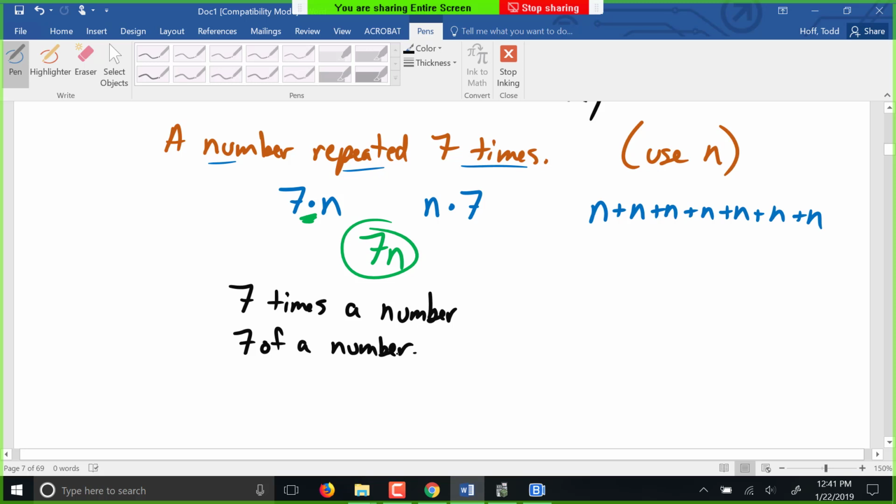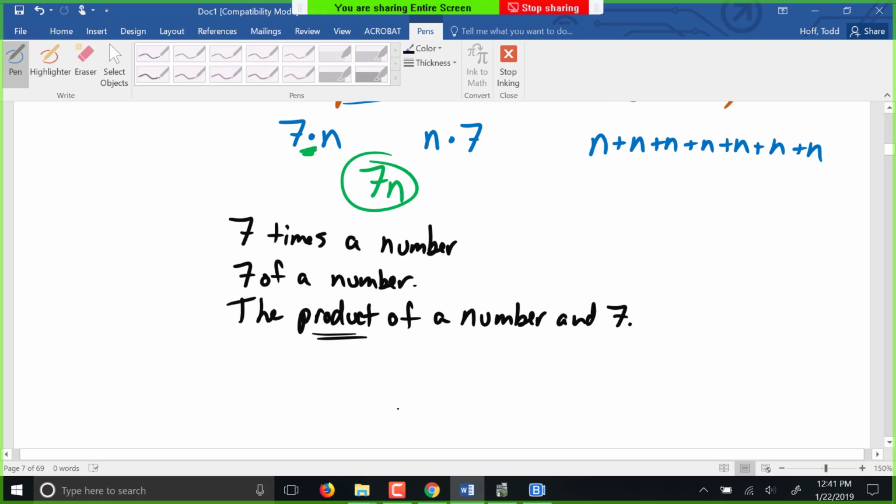The product of a number and 7, or 7 and a number. That product is the result of a multiplication problem.